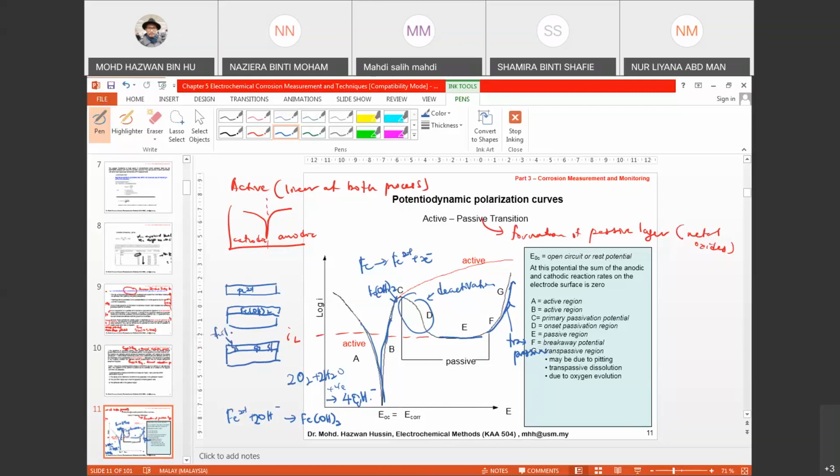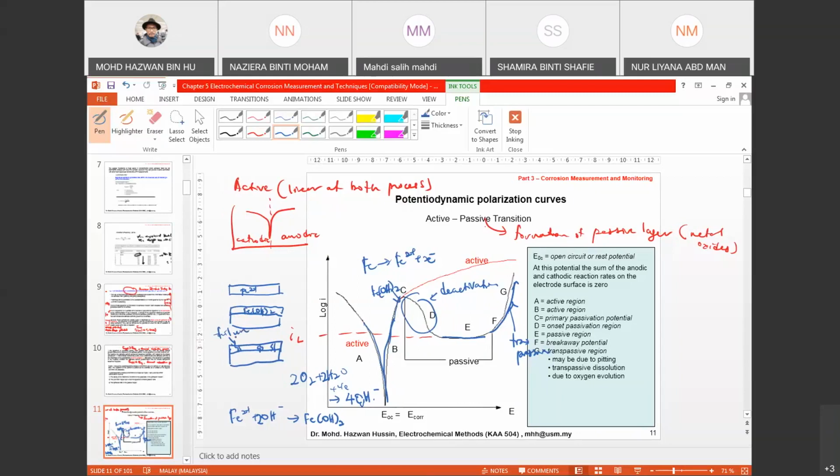maybe due to cracks or scratches, you have a failure at the passive layer, which promotes water and oxygen to penetrate into this gap, into this crack, and produce so-called pitting corrosion. This is what you have learned in chapter 3 regarding pitting corrosion.